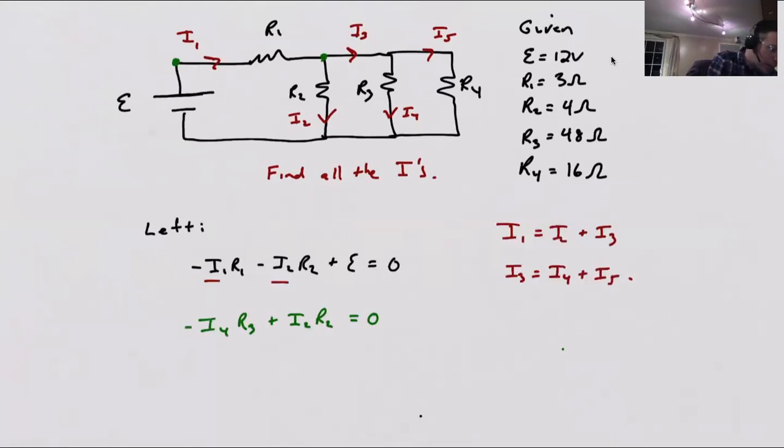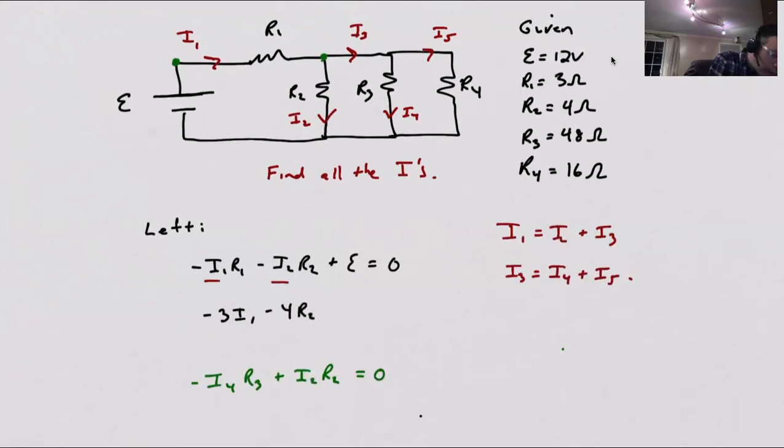I'm going to move this down a bit so I can plug in the other one up here in black. Plugging in R1, this is really a minus 3 I1. Plugging in R2 as 4, minus 4 I2 plus 12 is equal to 0. Just so we see again what the simplest version of these equations is.